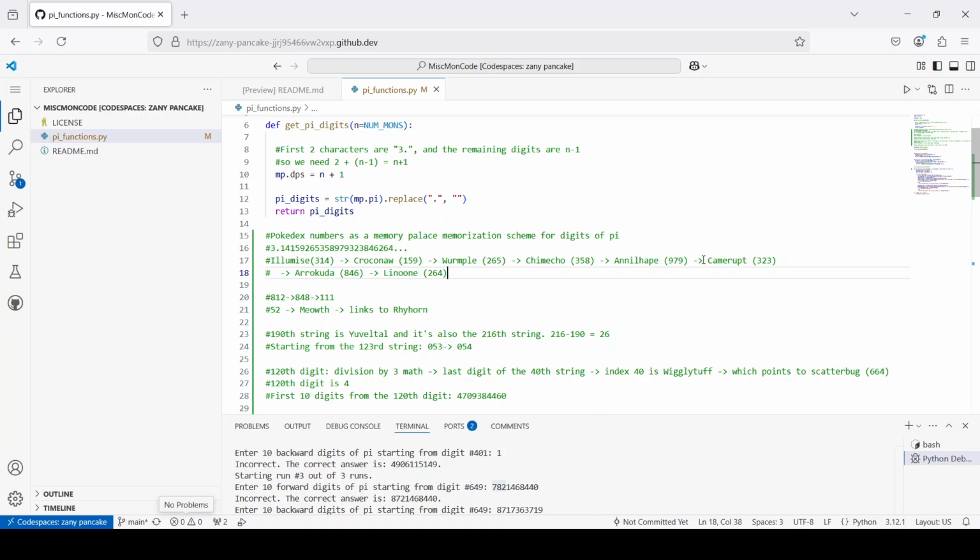And on the other end, the ones past that I have in the memorization, I also of course know like Tyme Echo 358, so I know 358, I know 979, I know 846 because of the pi sequences, but beyond that I don't know. I don't know 840 in my head right now. For example, I know 844 Sandaconda because that comes up, and stuff like that.